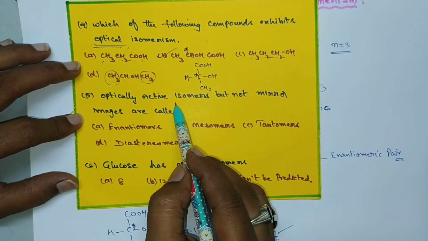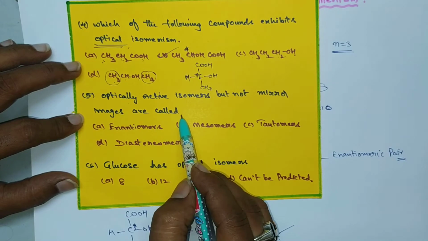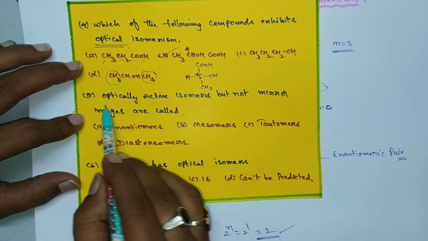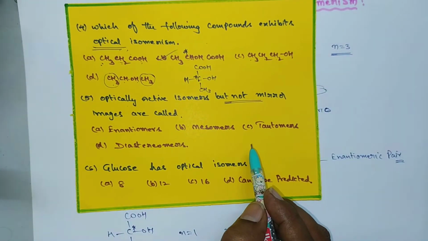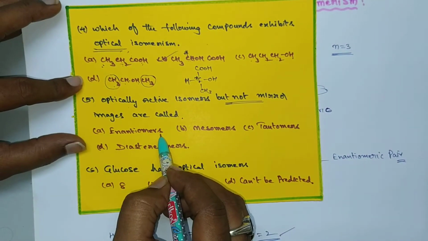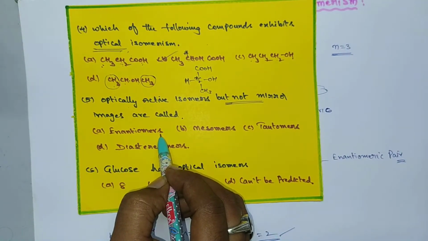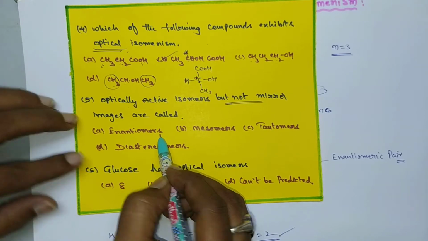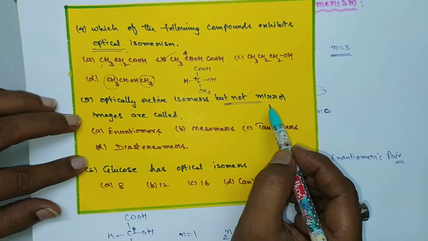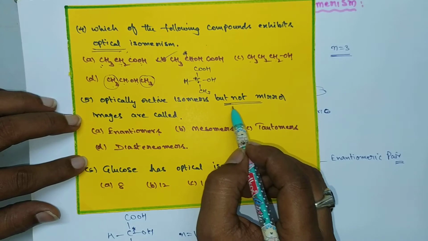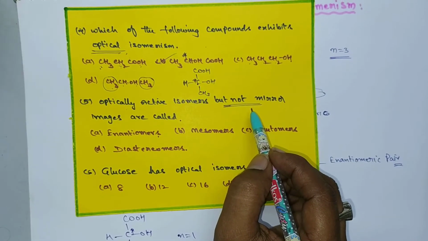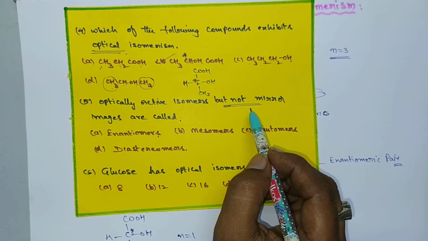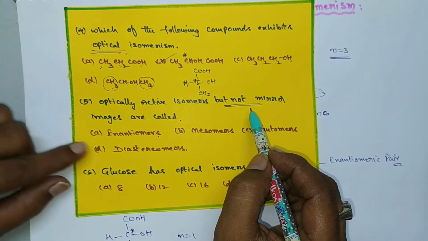And next, optically active isomers but not mirror images are called what? What is meant by enantiomers? The optically active isomers which are non-superimposable mirror images are called enantiomers.